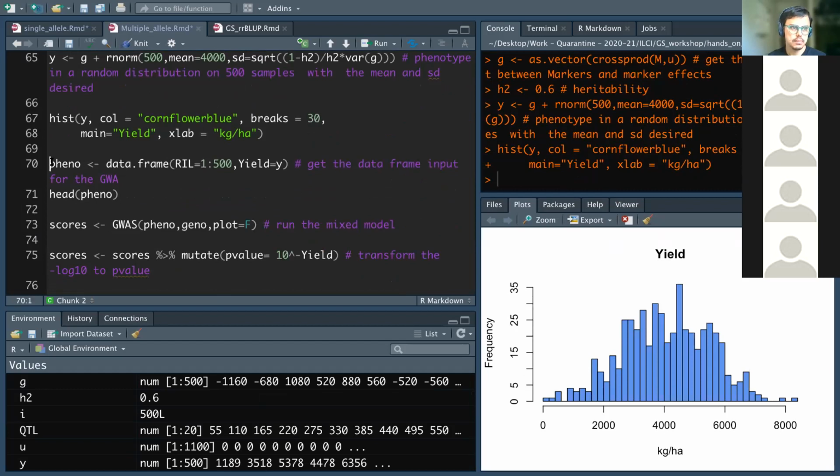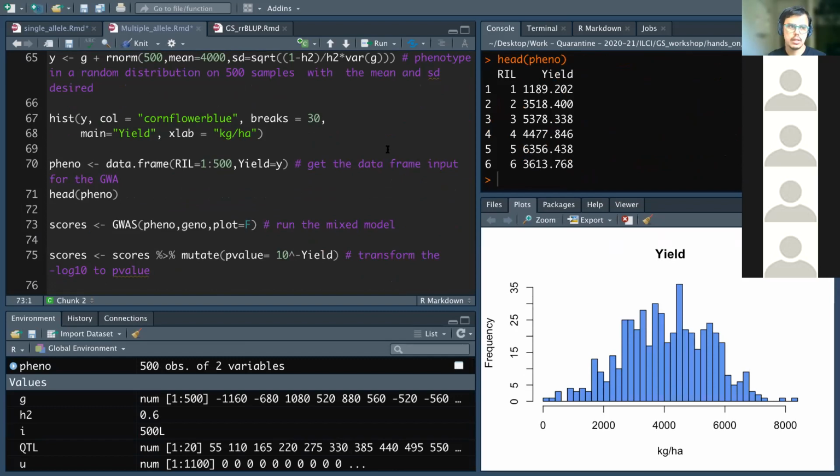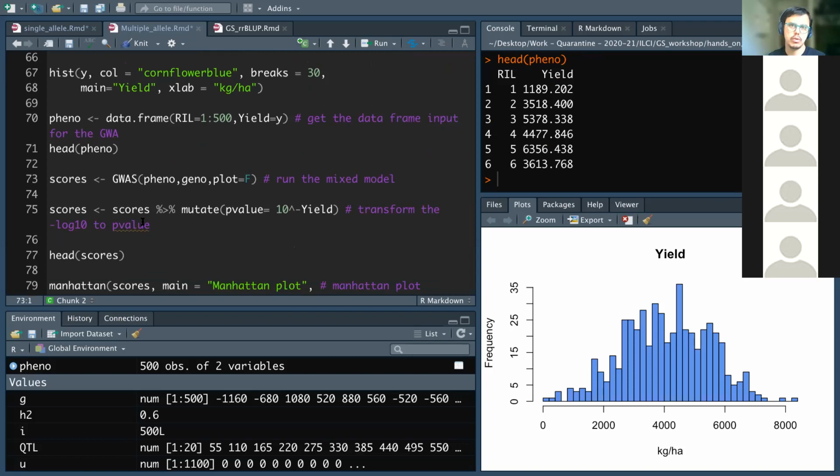And then I just run this code here to put the data in a data frame, that is another object in R, where I'm going to have the name of the line and the phenotype of every single line in your population.